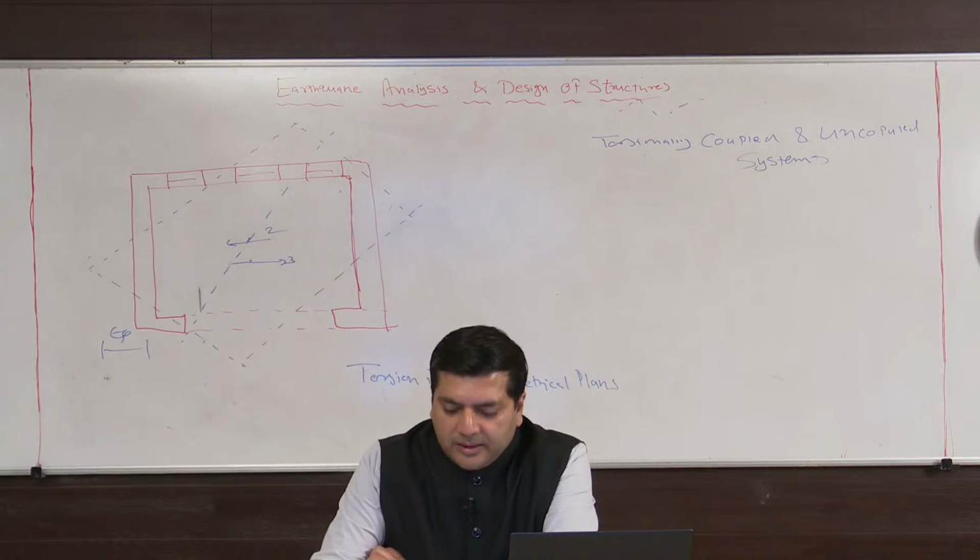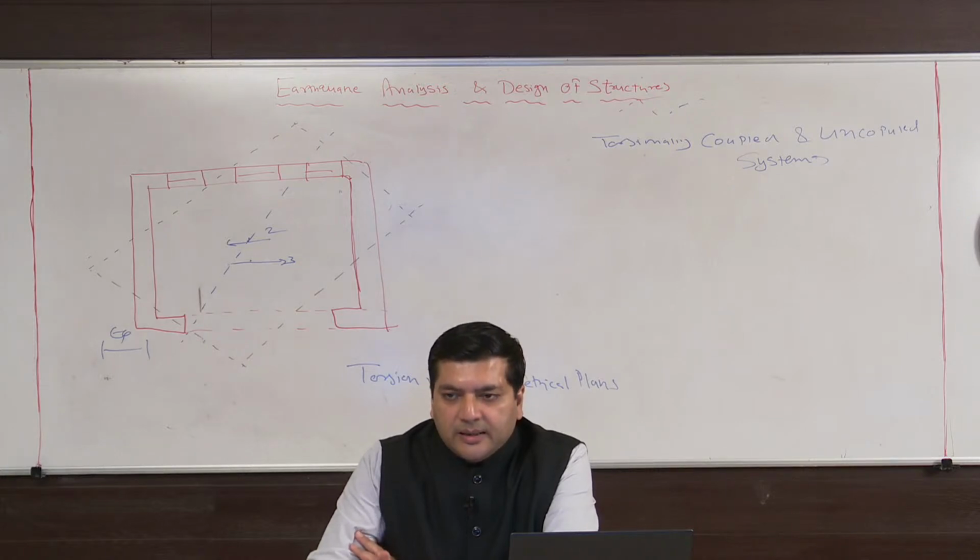If it varies, then ultimately torsion will come if they are not coinciding, and we assume that, suppose we assume that they are coinciding and they are not coinciding, then torsion will act.